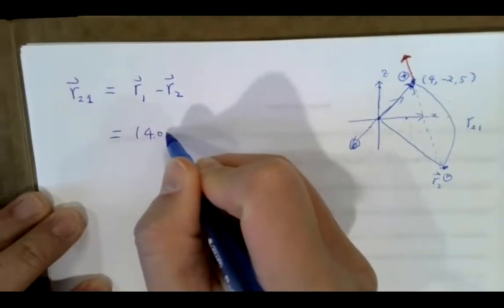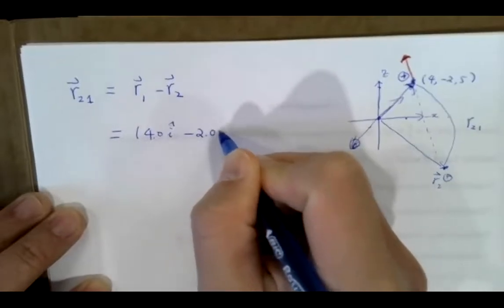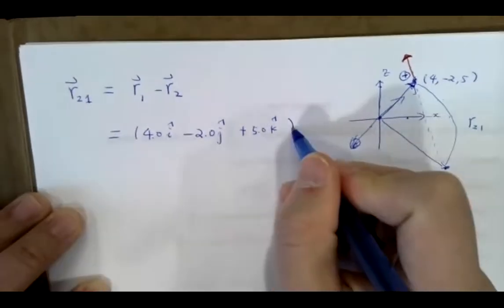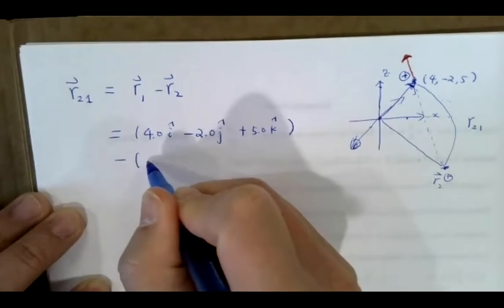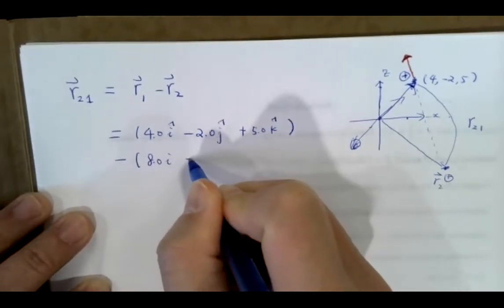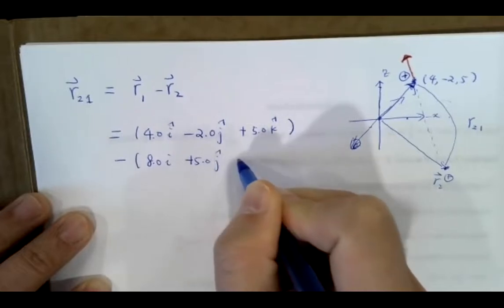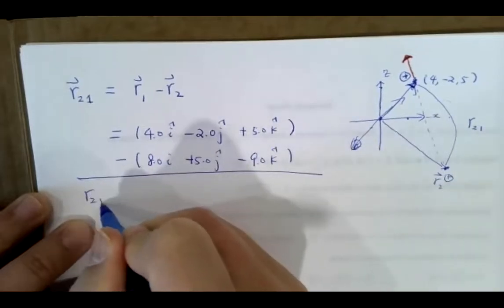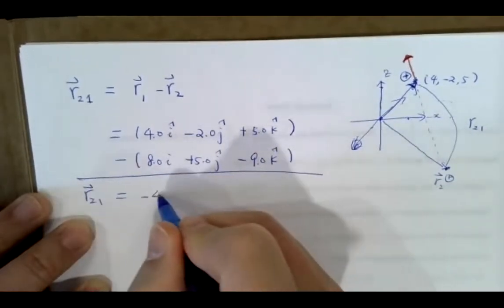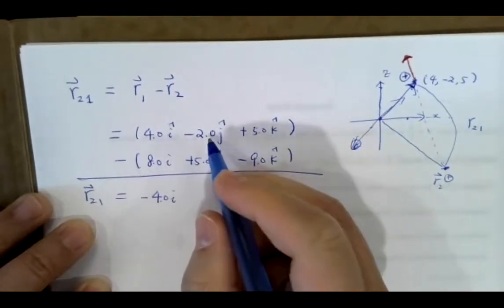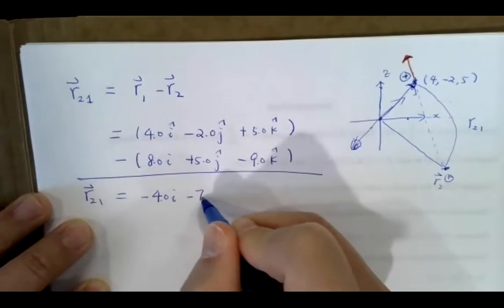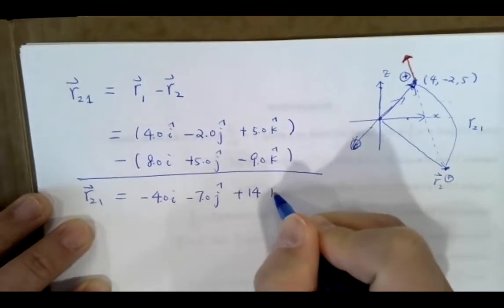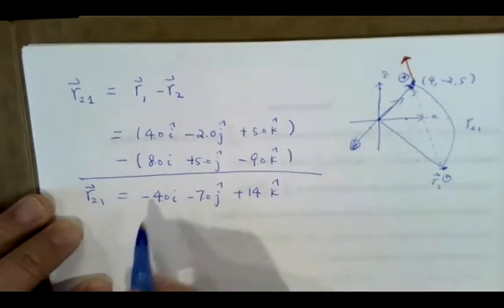R1 is 4.0 I minus 2.0 J plus 5.0 K, and then minus R2, which is 8.0 I plus 5.0 J minus 9.0 K. Then my R from 2 to 1: 4 minus 8 is minus 4, minus 2 minus 5 is minus 7, and 5 minus minus 9 is 14. So this is your R 2 to 1.